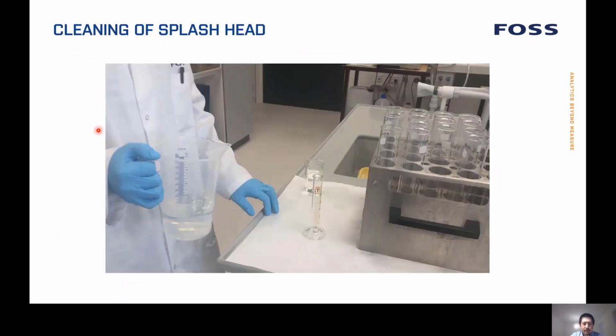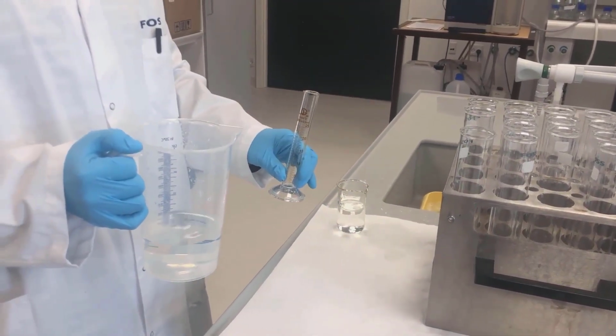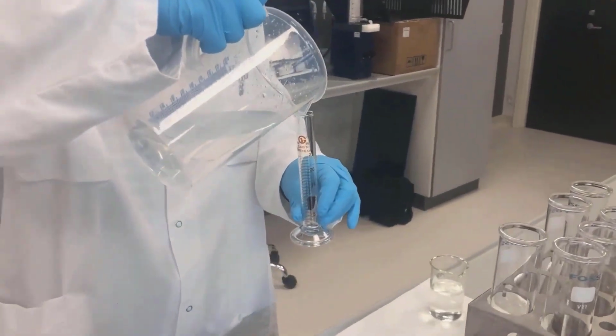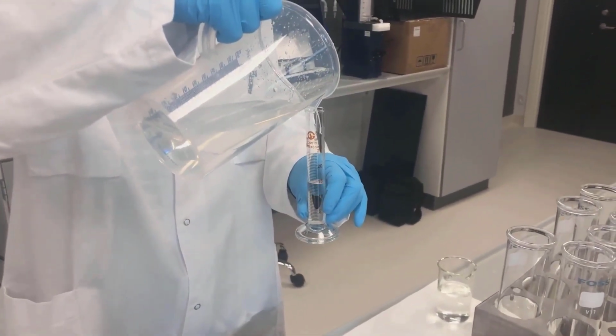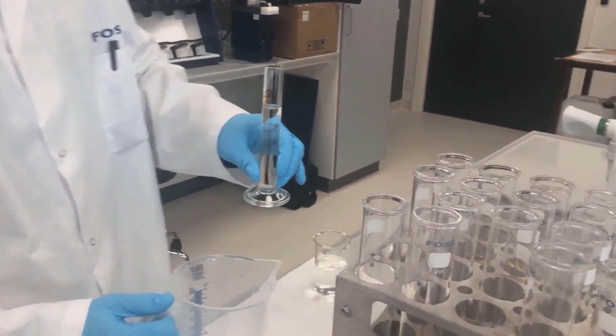I will start with cleaning the splash head. So here's a video. Now we will start the cleaning of the splash head. First, we need to prepare citric acid and water. Prepare 25 milliliters of water and pour it into the digestion tube.